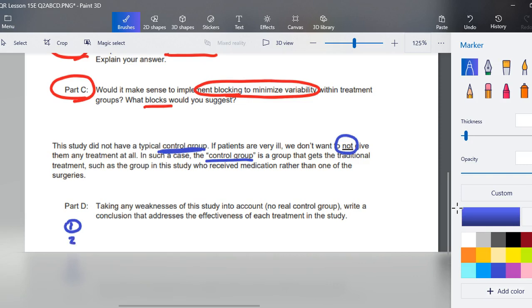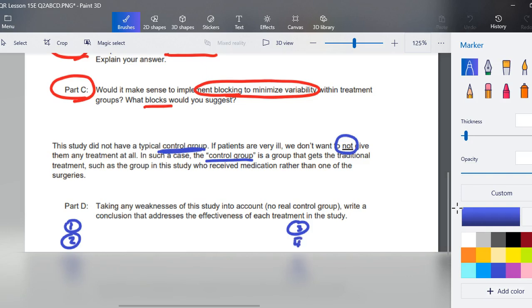You might also want to write that there is evidence that the sleeve gastrectomy was effective, but less so than the gastric bypass. And number 3, the placebo effect may be contributing to the effectiveness of both of these surgical procedures, but it does not explain the higher result for the gastric bypass.